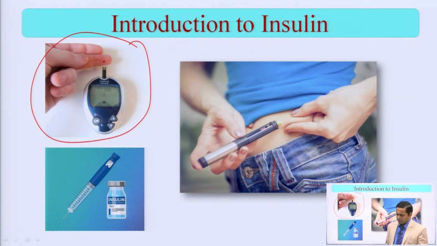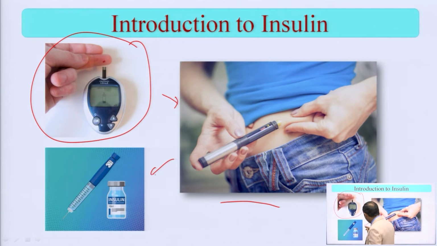By using this biosensor based instrument, you can detect how much glucose is present in your blood. And all of you might have also seen this kind of pen, where insulin is given to the patients, those people having high sugar level, to reduce the sugar level.